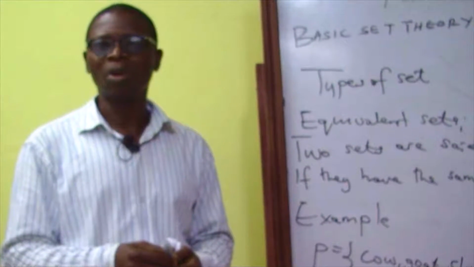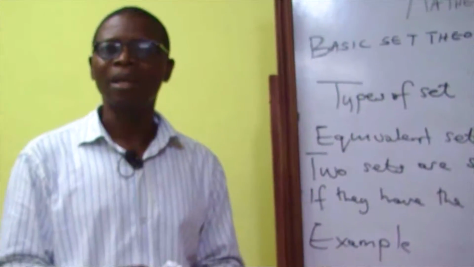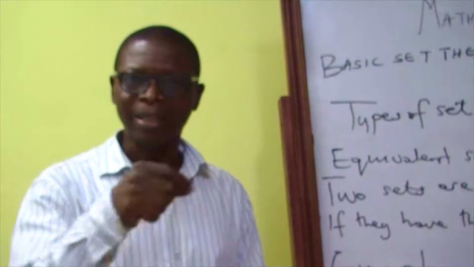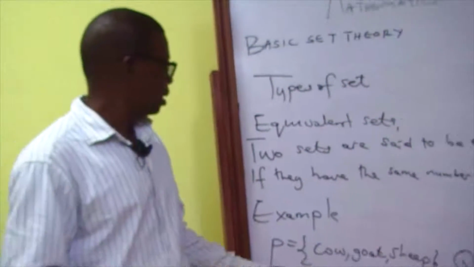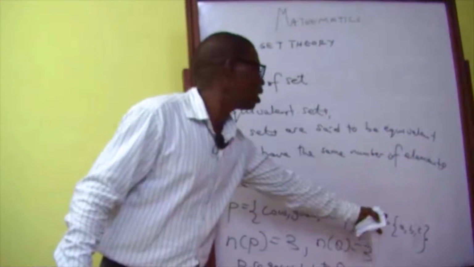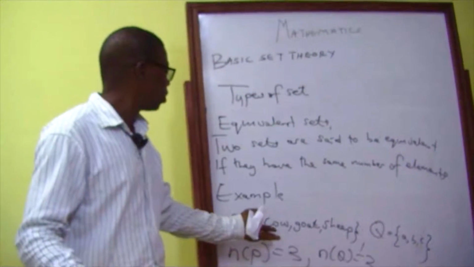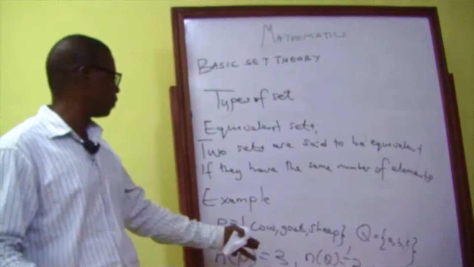Conversely, for equivalent sets, it is the number of elements in that set. Like the example we have here, we have cow, goat, sheep, A, B, C. They are not related. But if you look at the number of elements we have in P, we have 3.